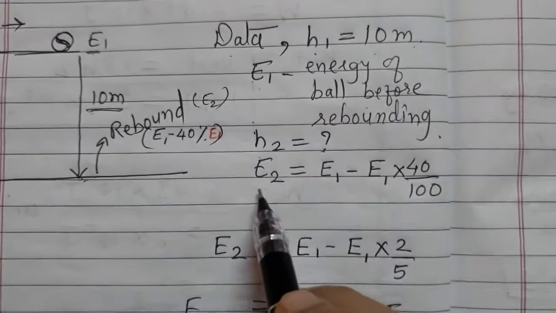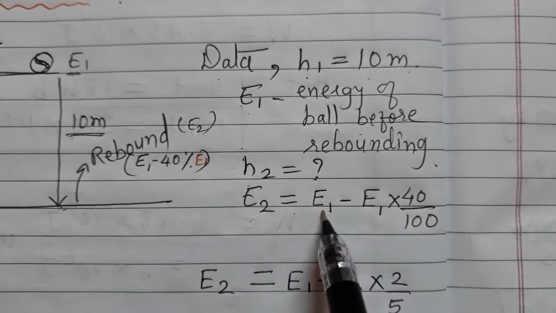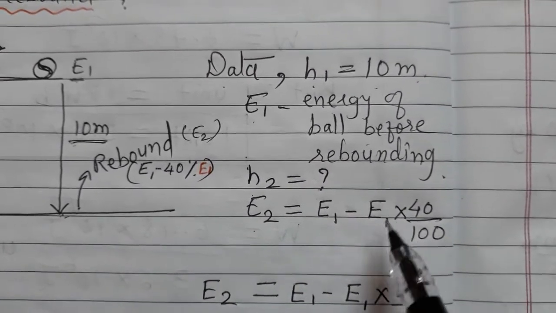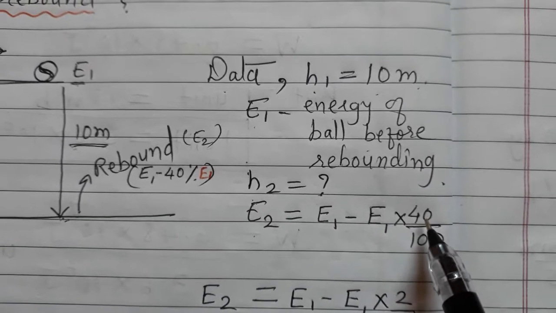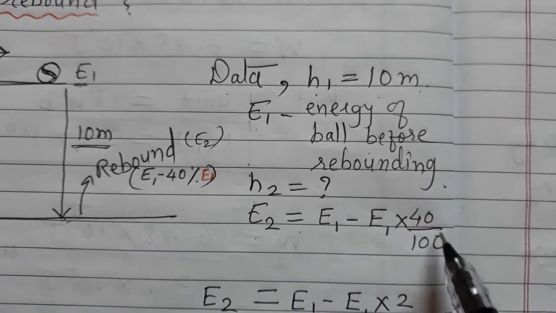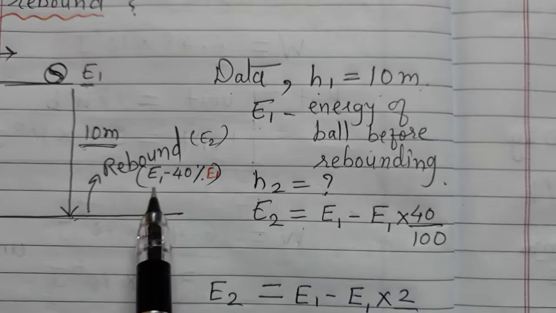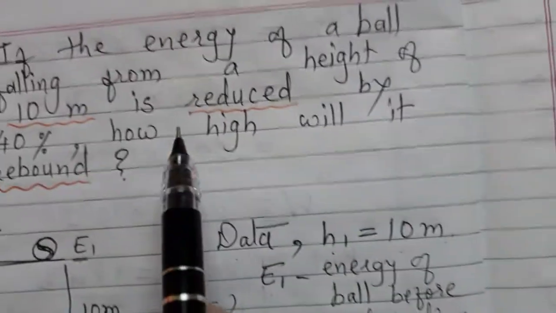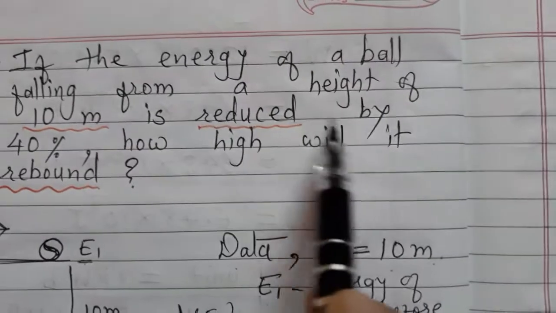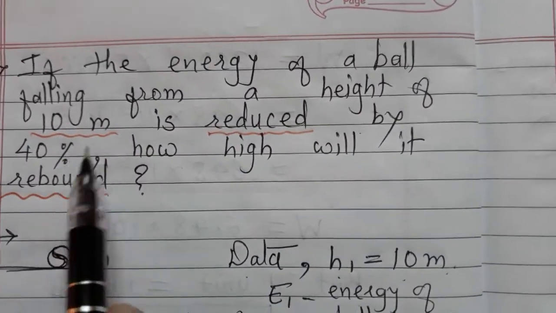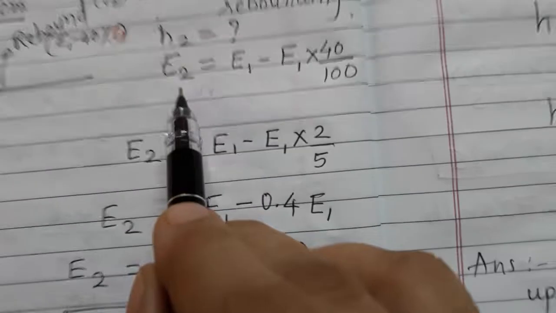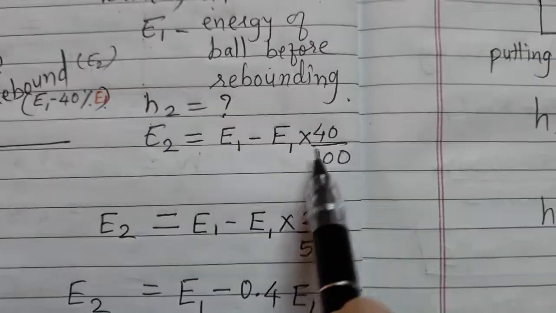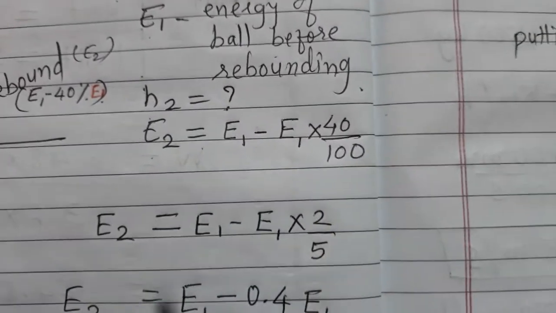It is given that E2 is E1 minus E1 into 40 upon 100, that is E1 minus 40% of E1, because it is given it is reduced by 40% of E1, and that's why we get E2 is E1 minus E1 into 40%.